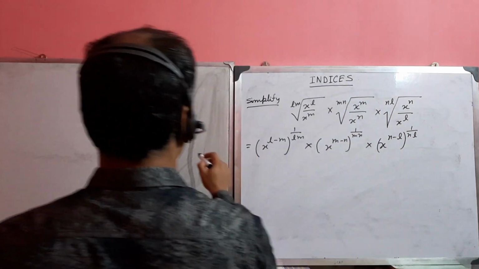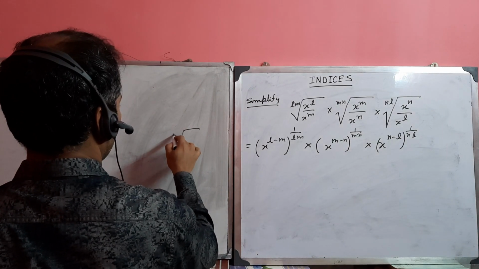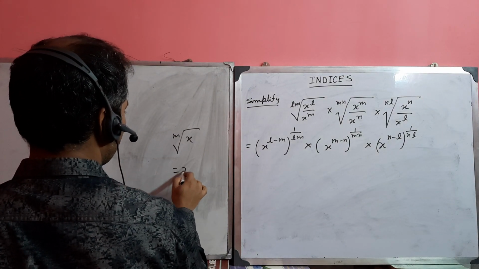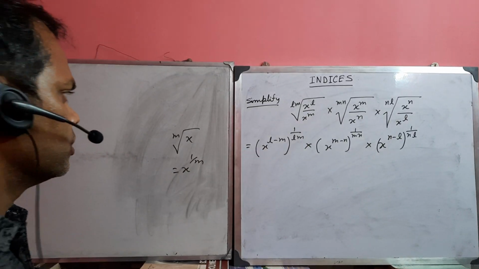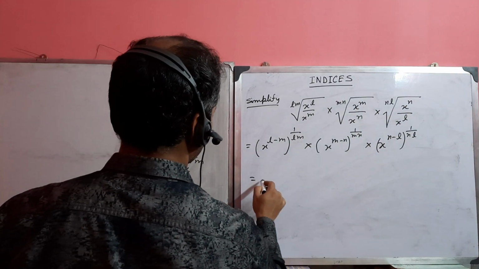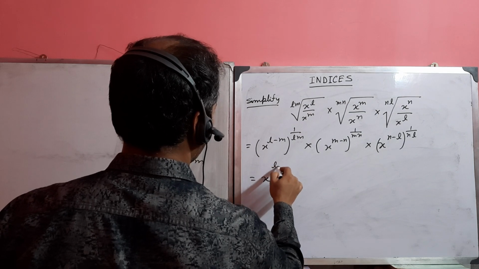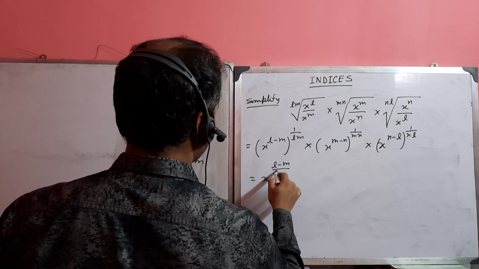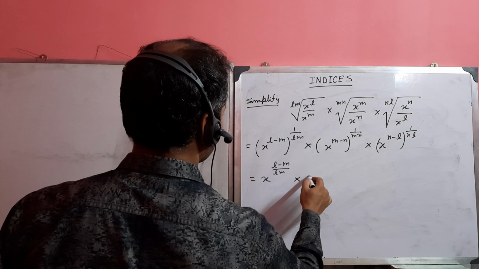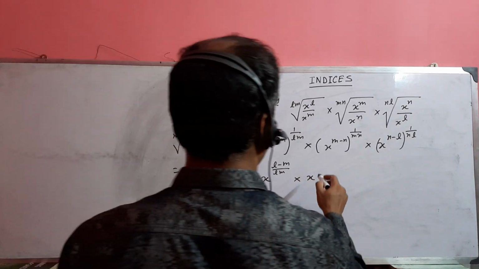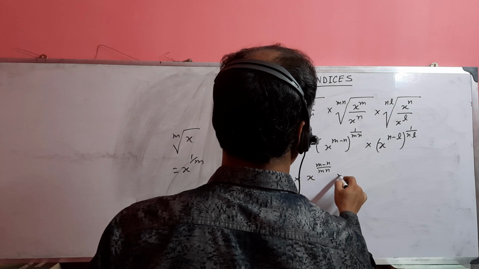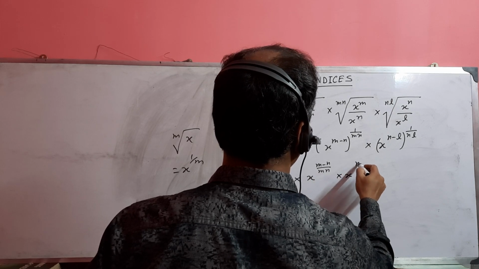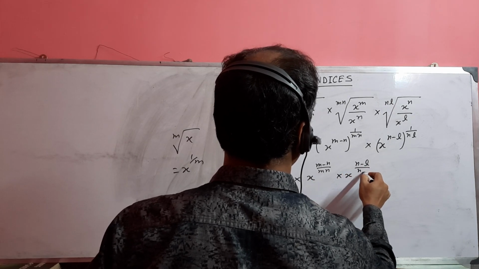Now the mth root of x can be written as x to the power 1 by m. By this formula we can write this. So x to the power l minus m by lm, into x to the power m minus n by mn, into x to the power n minus l by nl.